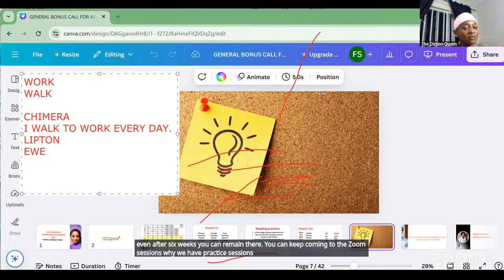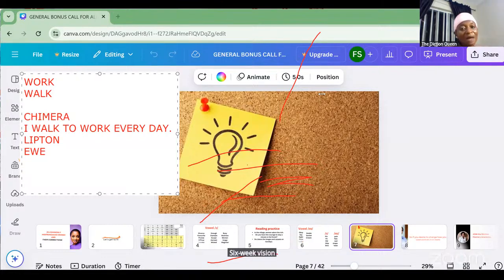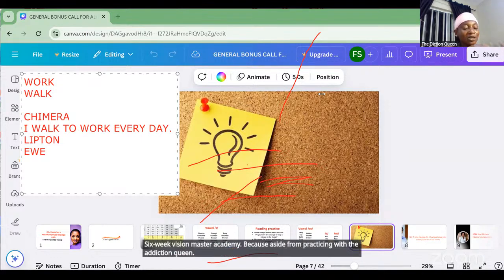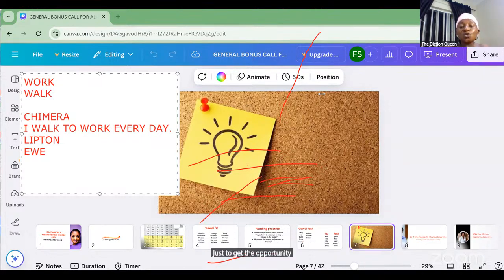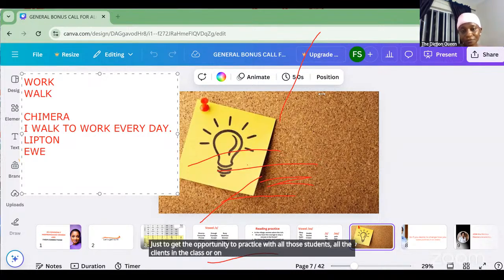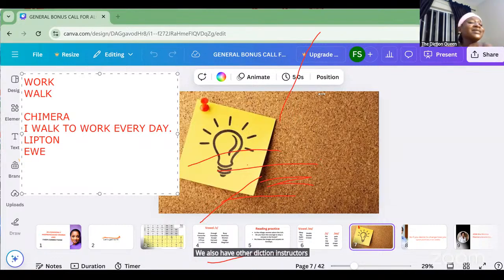We don't just have the practice session, we also have the breakout session. The breakout room is one of the things that people enjoy more in the 6-week Diction Mastery Academy. Because aside from practicing with the Diction Queen, you also get the opportunity to practice with all the clients in the class or on the academy. We also have other diction instructors that attend to them Mondays to Fridays.